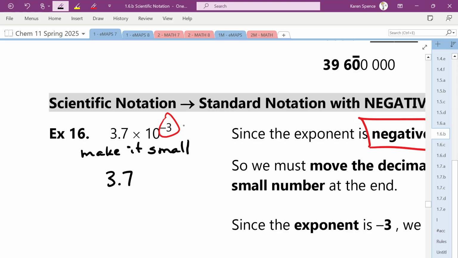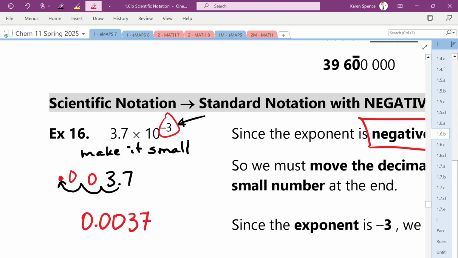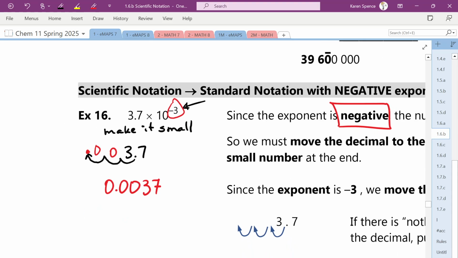Okay, how many places? It's -3, so we move it 3 places. 1, 2, 3. So there's where our decimal ends up. And we put zeros in here. And so we would have 0.0037. Is good? Okay.